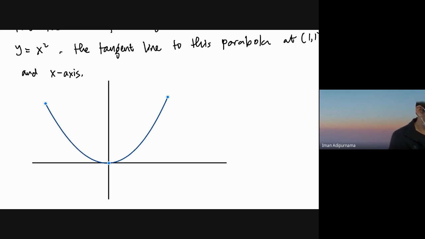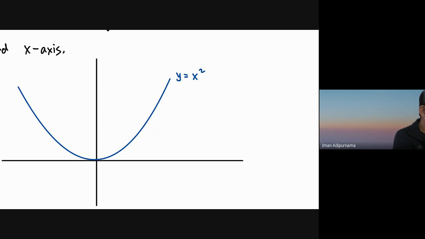Let's say that's our y equals x squared. Let's say we have a point maybe here, and a tangent line that is maybe here.